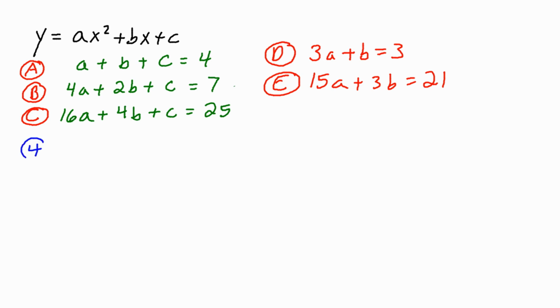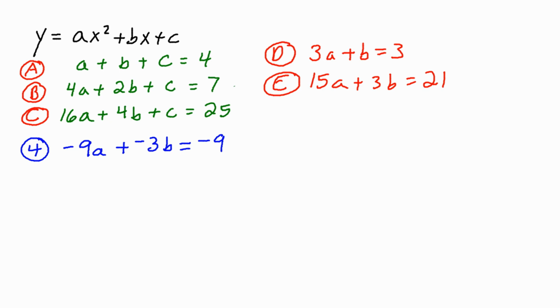Step 4, I need to eliminate either a or b. If I multiply equation D by -3, then the b's will cancel. -3 times 3a is -9a, plus -3 times b is -3b, equals, and then -3 times 3 is -9.